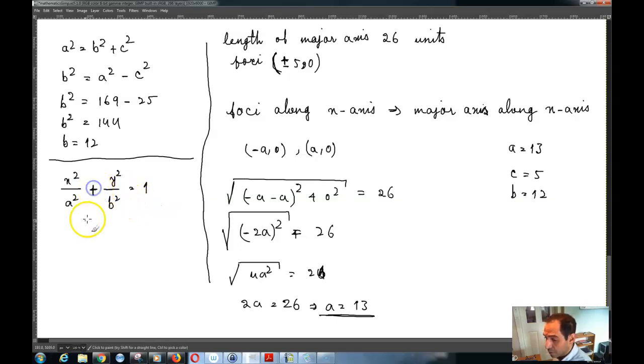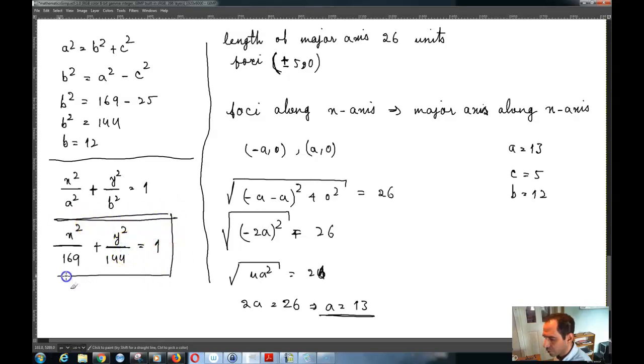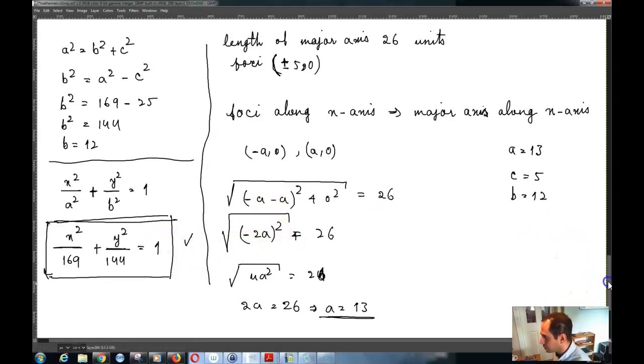And so x squared by 169 plus y squared by 144 is equal to 1, and that is the equation of the ellipse. Number 15 is this equation, which is the right answer.